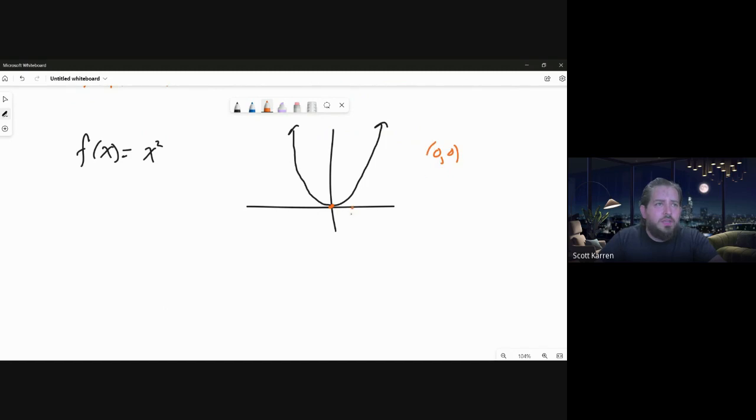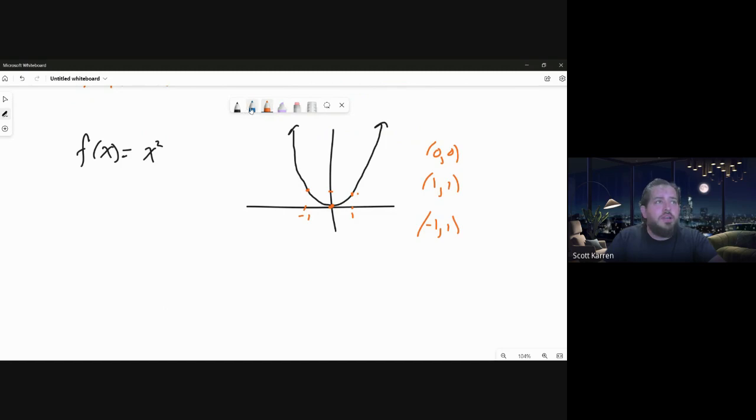If I took a point here, at 1, I know that my y value is also going to be 1, so I have the point 1, 1. And then I have at -1, also 1. And this is still a function because the value of x being 1 only goes to one place, being 1. The value of -1 only goes to one place. It just happens to be the same as the output for 1.